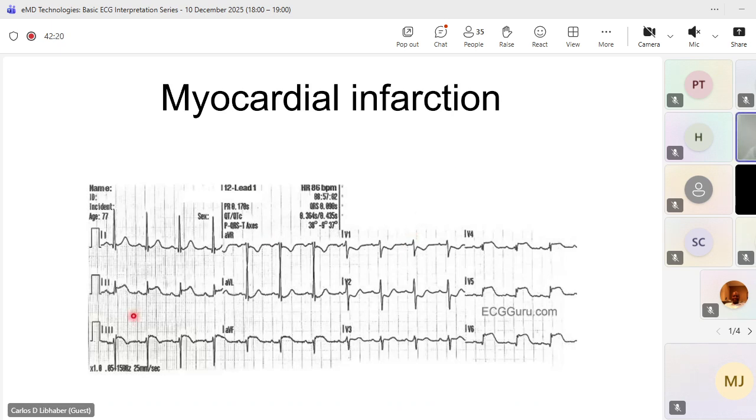So here we see ST elevation where? I think they made a mistake. Yes, this is lead 1. Lead 2, lead 3.